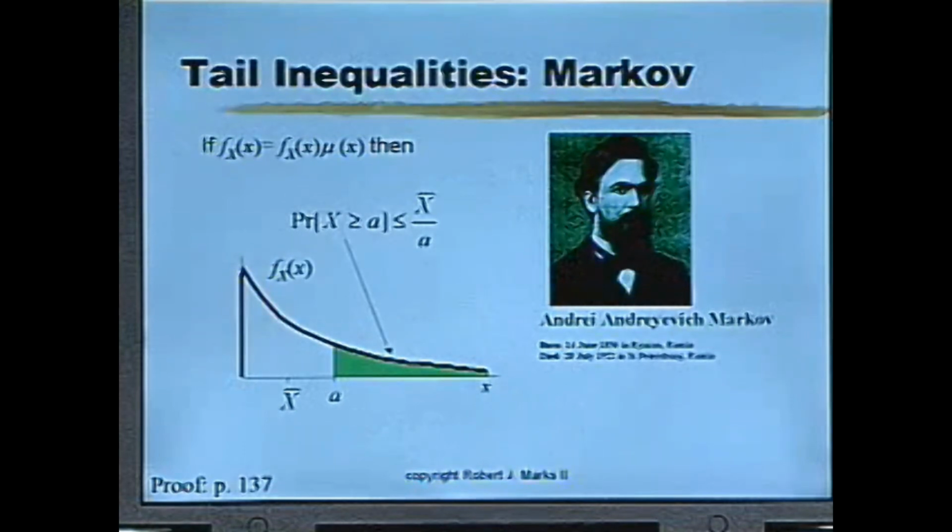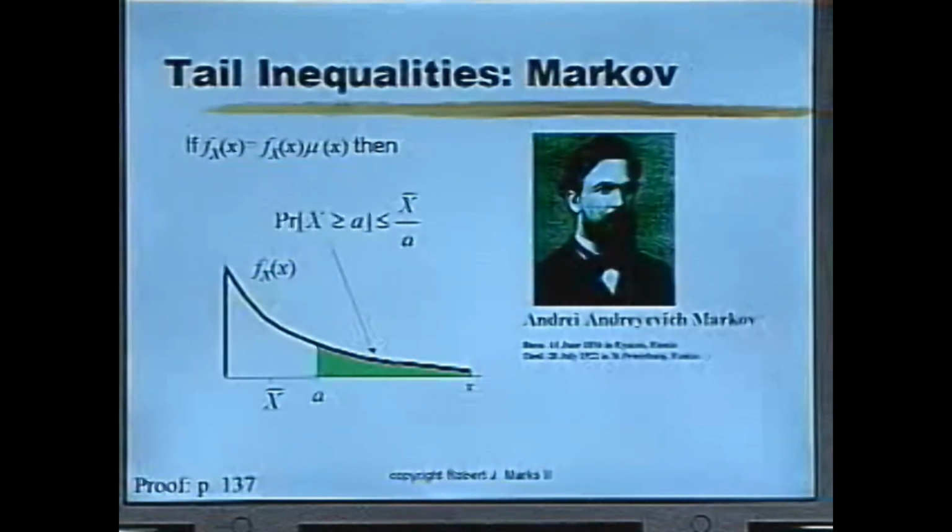We'll end up today's lectures, and in fact this will end up all of the prerequisites for the course, by reviewing tail inequalities. We'll look at two. We'll look at the Markov inequality, then we will look at the Chebyshev inequality, both Russians. Okay, here's the Markov inequality.